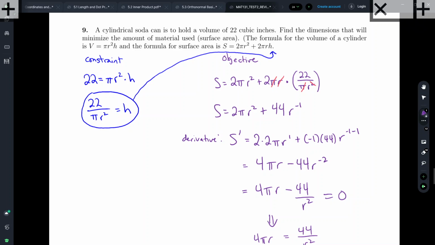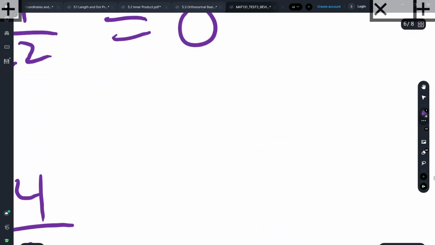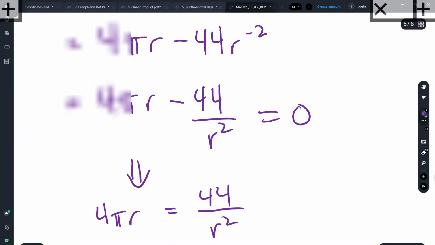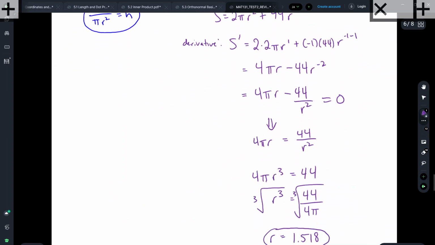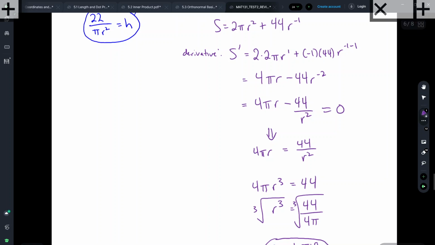that finds the minimum, and so they want the dimension, so they probably want the other quantity, which is the height. So once I know r, I can calculate the height by plugging it back into this equation here, right? So h is equal to 22 over pi times r squared, so 1.518 squared. So what is h equal to?